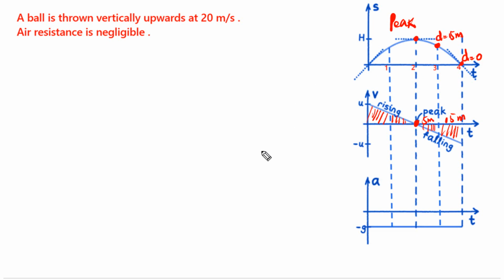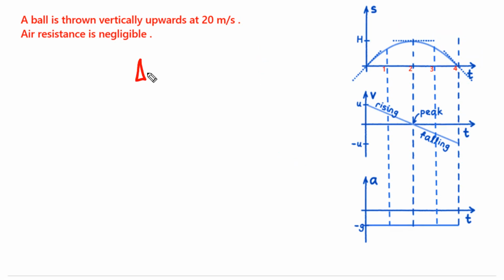Or we can understand it like this: the ball was projected from here, the ball went up, and then the ball simply came back to the same point. So that's the reason displacement is equal to 0.